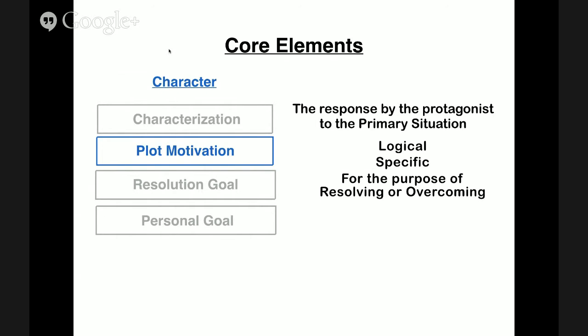The protagonist will more often do something in response to the primary situation that you or I would do. John McClane, although he's a hero and he really kicks butt in the movie, doesn't immediately. His plot motivation after the terrorists take over is very simple, very specific, and very safe. It's what any of us would do.